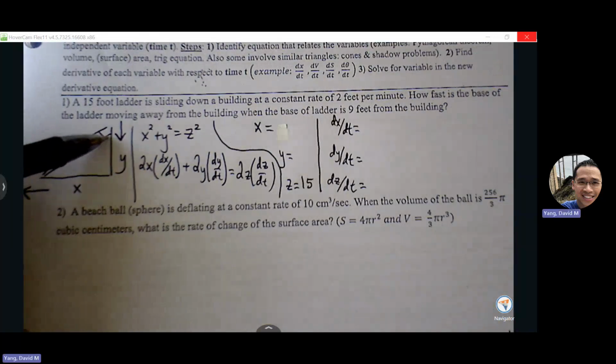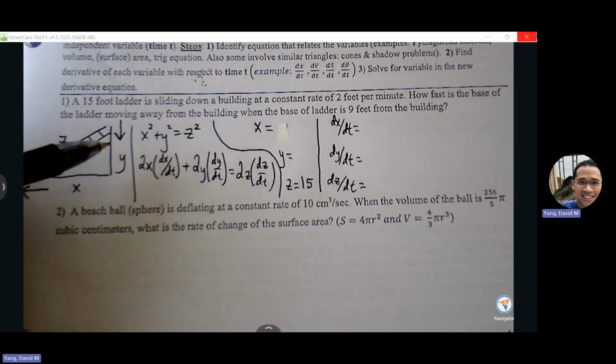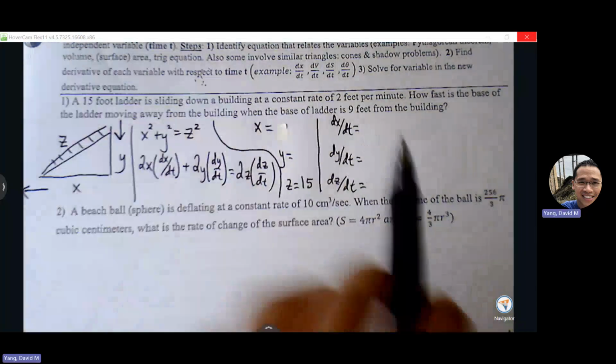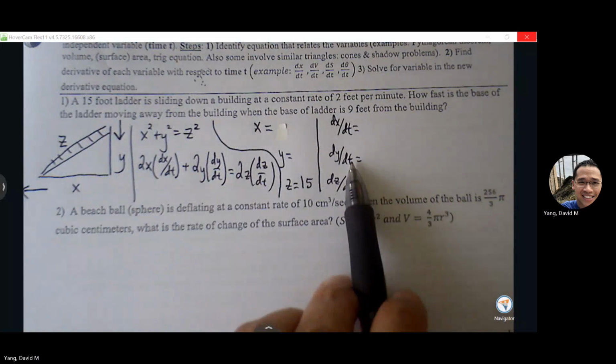And what's happening with this vertical distance on this triangle? Decreasing, right? I want us to make sure that we don't associate direction with the sign. You want to associate with what's happening to that value. If that value is getting smaller, you want that rate to be negative. If that value is getting larger, you want that rate to be positive. So therefore, we can say dy/dt is what? Negative 2.